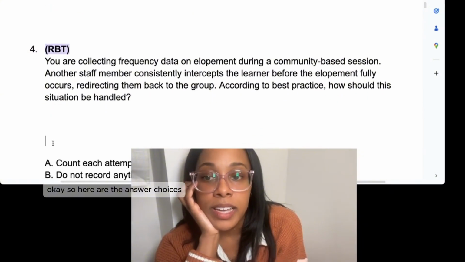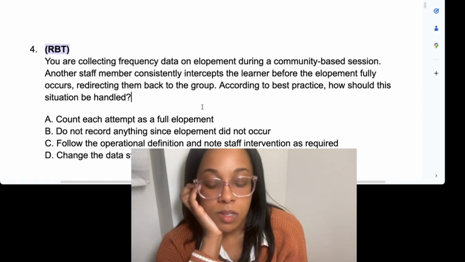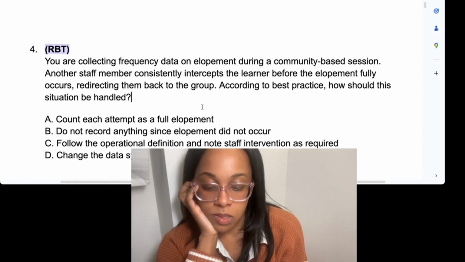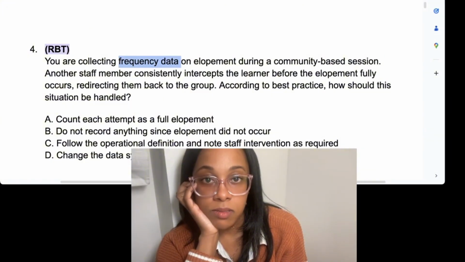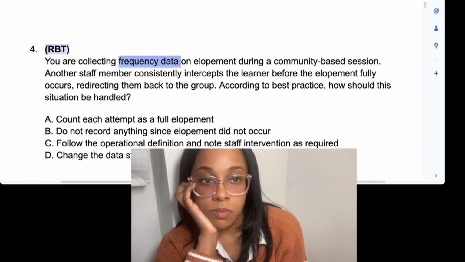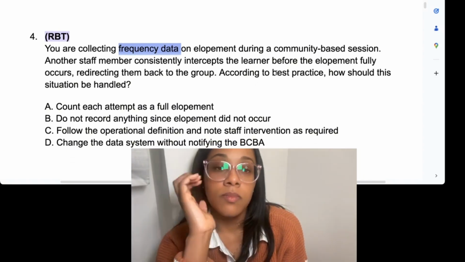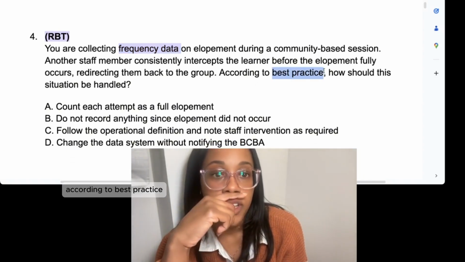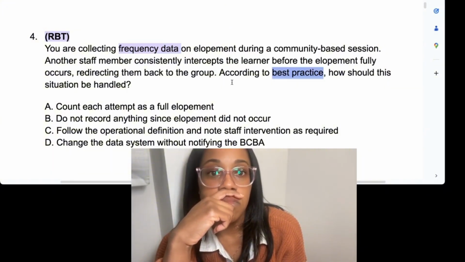Okay, so here are the answer choices. And you're collecting frequency data. According to best practice, what do you guys think?